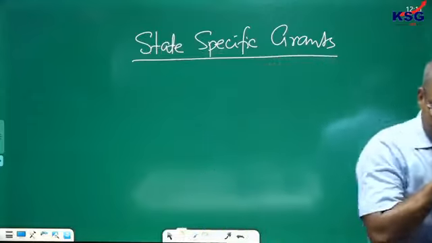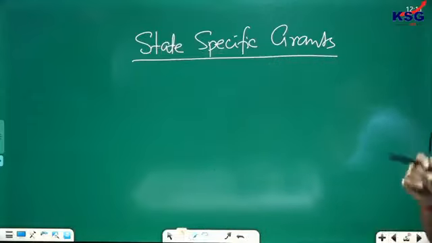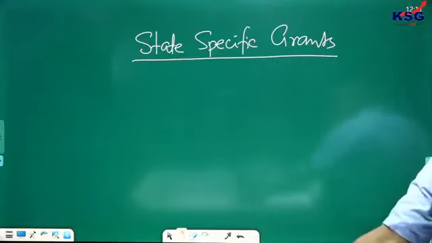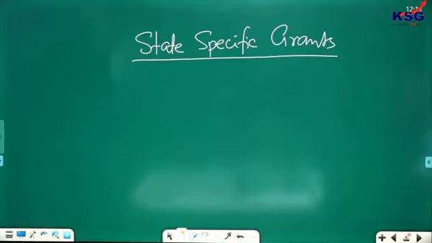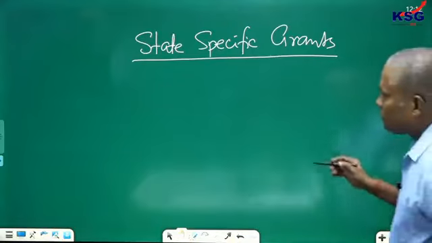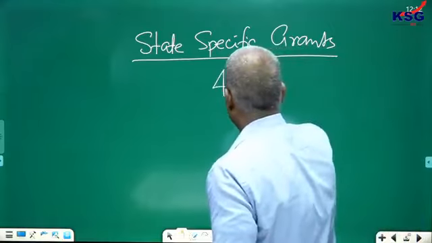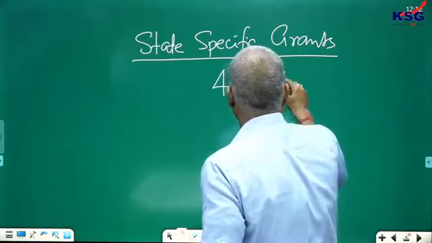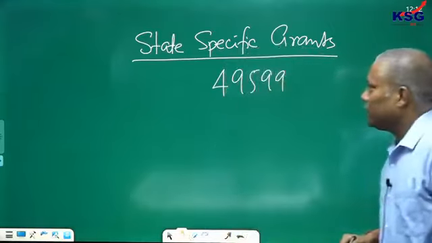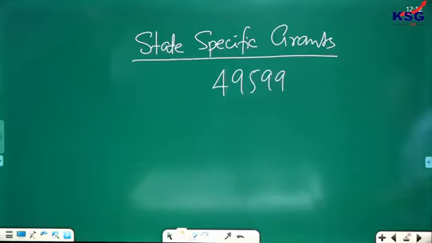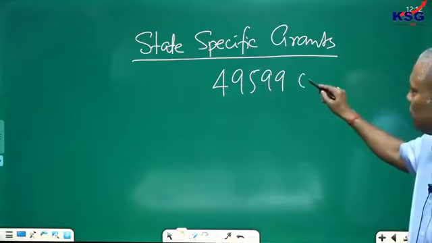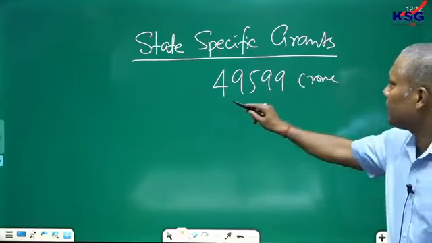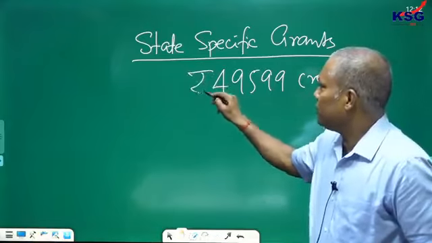These are the state specific grants. The commission recommended state specific grants of rupees 49,599 crore. It is only crore. This much rupee are given to state specific grants.